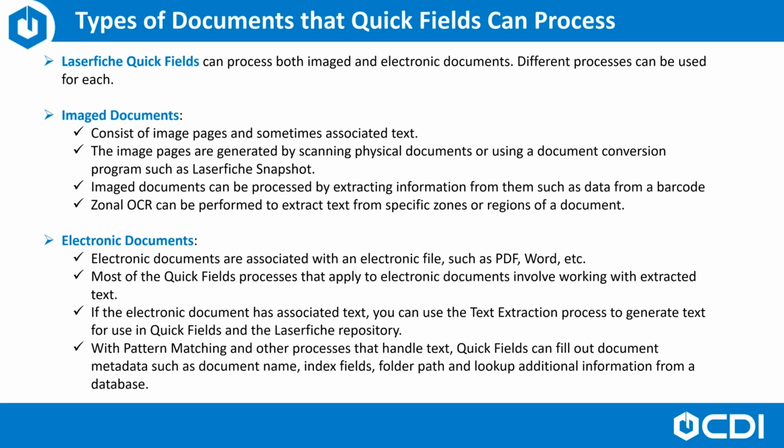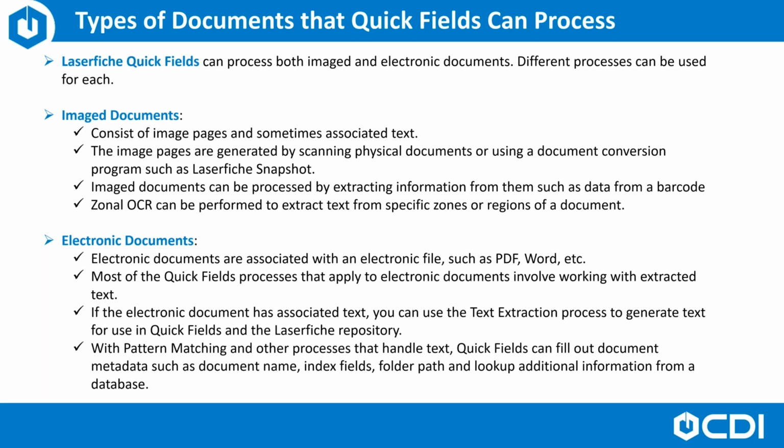So with image documents, they can be processed by extracting information from them, such as data from a barcode or doing a zonal OCR. Today, I'm showing how we can leverage the barcode recognition in QuickFields. Part of the demo is also going to be to show you how zonal OCR in QuickFields works.